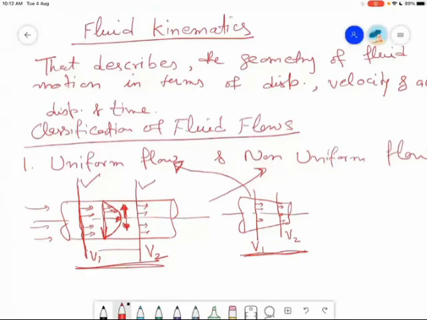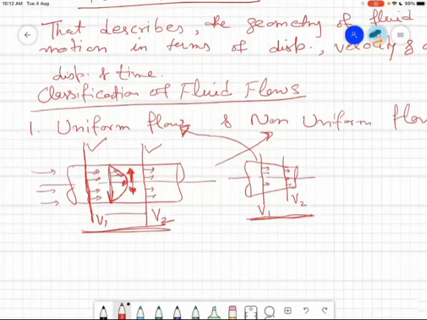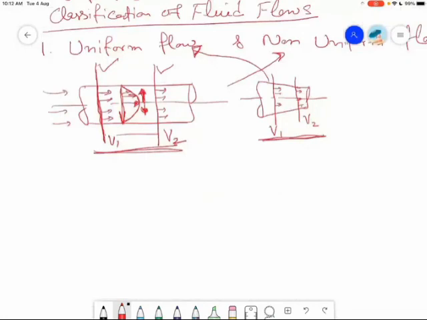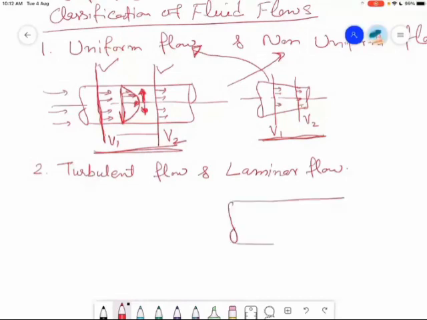Then the next fluid flow classification is turbulent flow and laminar flow. Now say we have again a pipe. Some fluid is flowing through this.